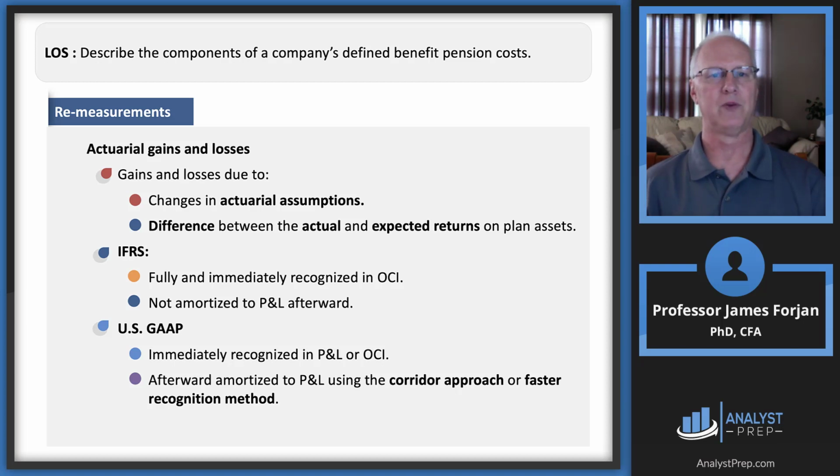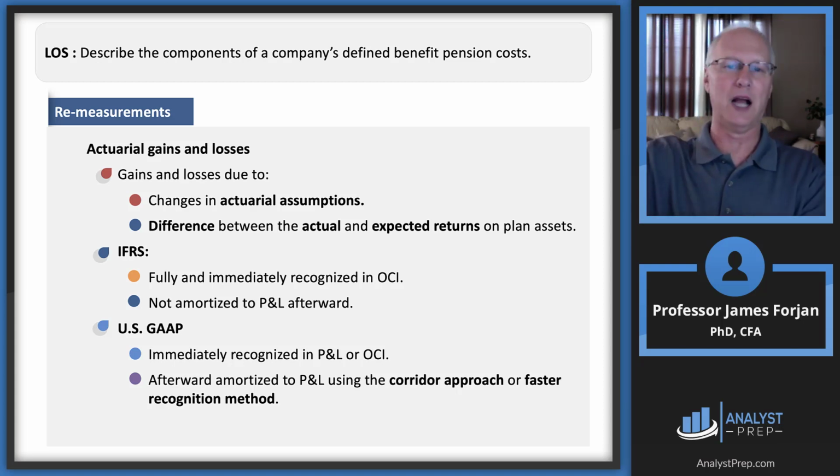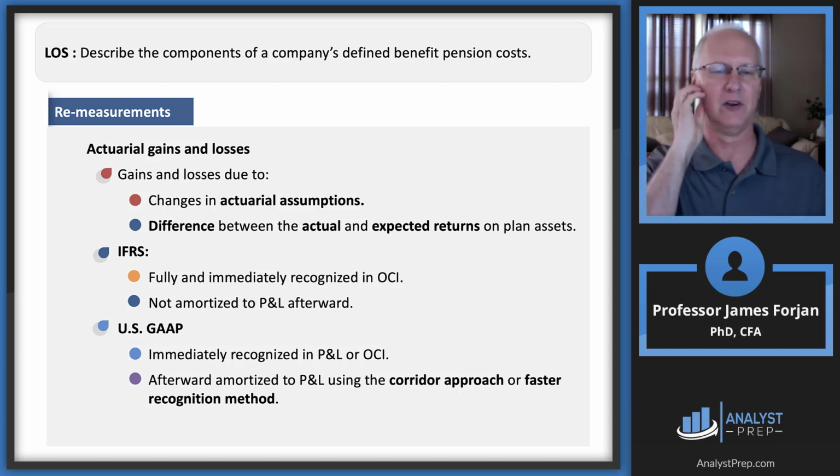How about remeasurement? So of course, over time, we're going to have actuarial gains and losses because we're going to change actuarial assumptions, right? If we did this back in 1981, when interest rates were super high, 20%, right? Well, they don't apply in, let me just pick another year, let's say 2015, when interest rates might have been 0. So we have to change our actuarial assumptions.